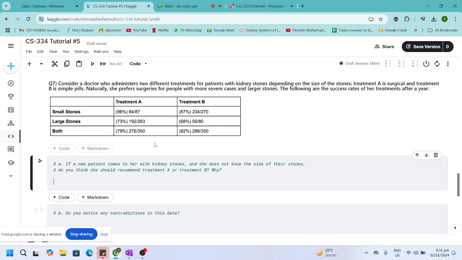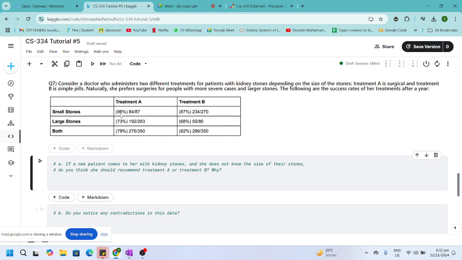There are essentially two ways to answer this question, both of which will be considered correct. So this being the first, that the combined effect of treatment A is lower as compared to treatment B. But when you look at this on an individual level, then treatment A performs better for small stones than treatment B. See, treatment A gives you a recovery rate of 96%, whereas treatment B gives a rate of 87%.